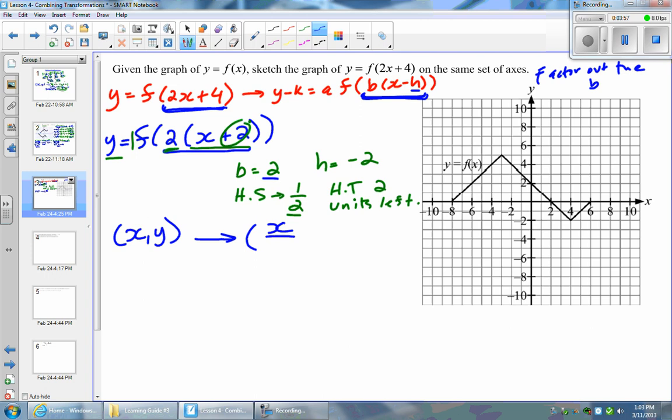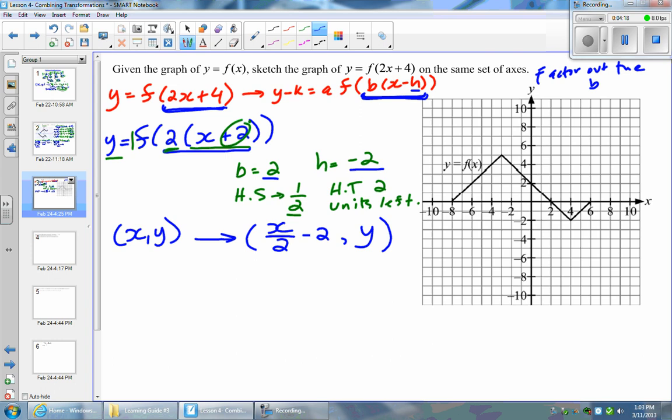Remember, our b value was 2. So x divided by 2, and then we add our h value, but remember, our h value is negative 2, so minus 2. And we had no transformations happening with our y values, so our y values are going to stay the same under this transformation.